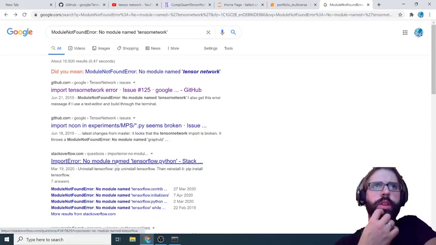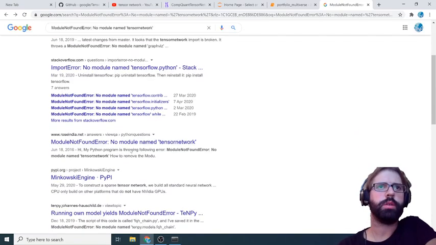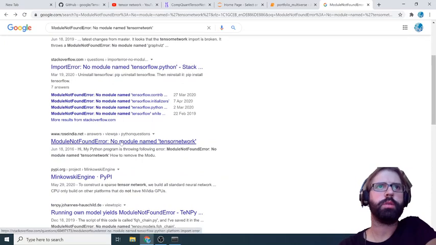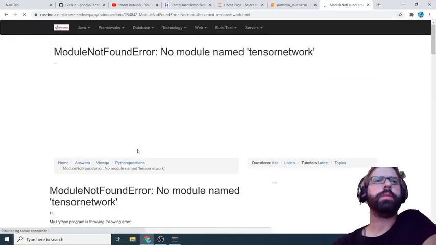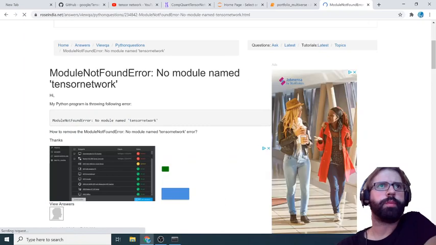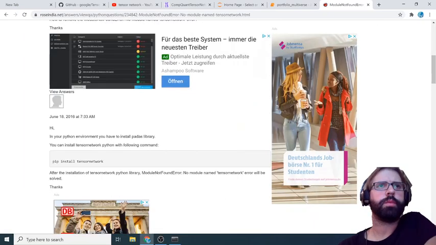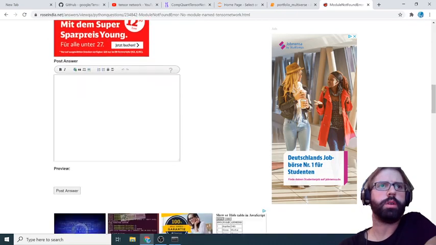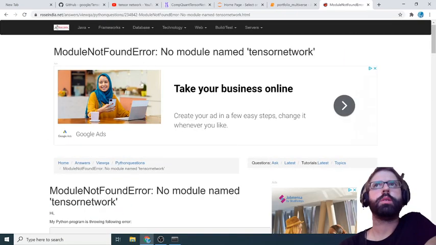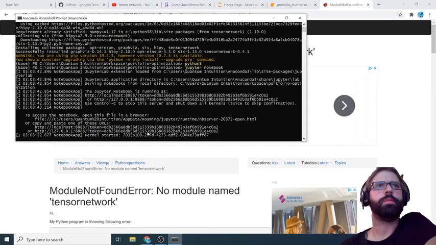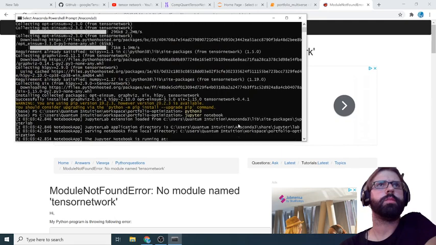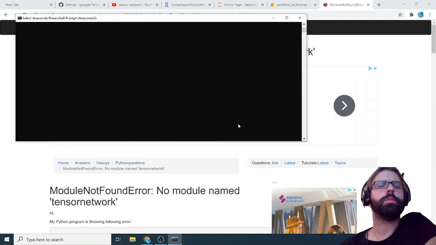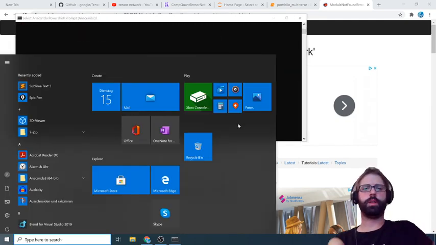TensorFlow, no, Tensor Network. Yeah, I installed Tensor Network. I don't like that.